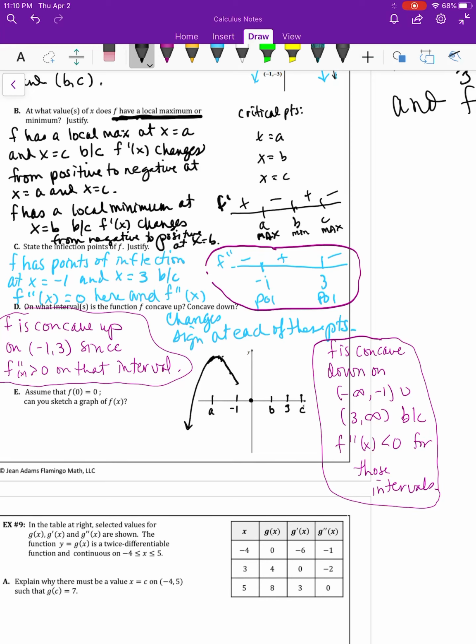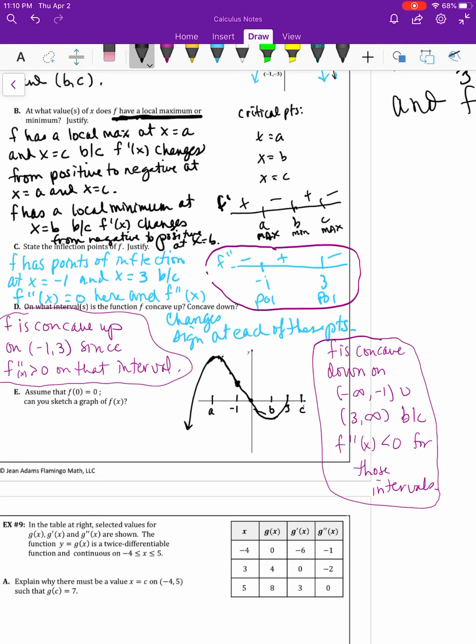Maximum at A, and I come down and I try to make my -1 my point of inflection. Where it goes from being concave down, I'm going to start it being concave up. So at this point, do you see how it has to be kind of midway from being concave down to concave up? At B, I have a minimum, so I need to sketch that minimum in there.